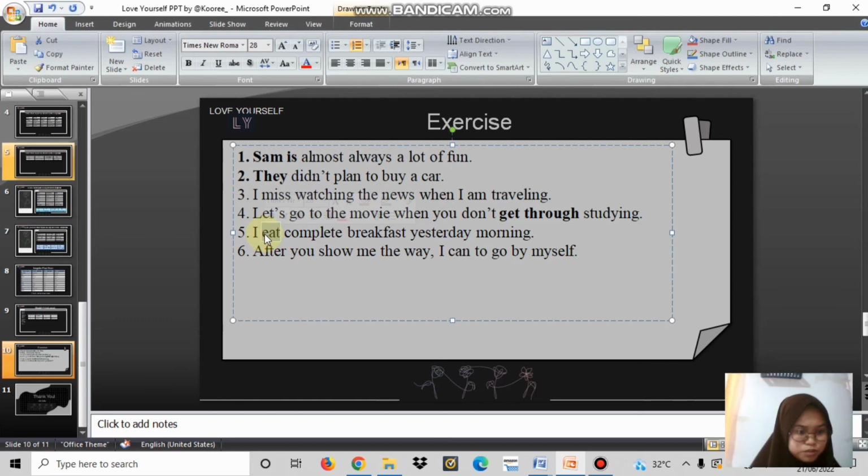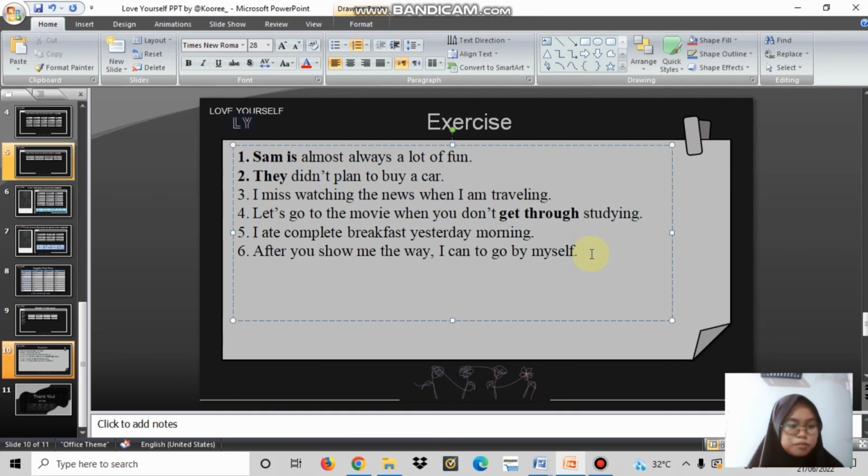Then we have to replace it with the past tense. The past form of eat is ate. This is an irregular past form question. So the correct sentence is I ate complete breakfast yesterday morning.